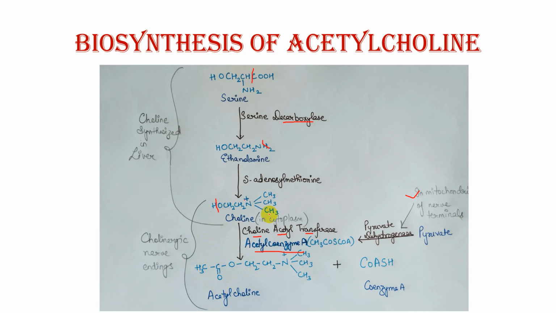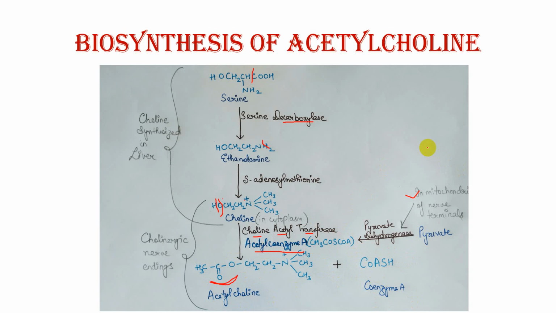Okay, so the acetyl group is being transferred. From here this oxygen, this OH group will be removed, and this acetyl moiety will be added to it. Okay, CH3COO. So this makes acetylcholine plus coenzyme A. The acetyl coenzyme A will then be converted into coenzyme A, right?